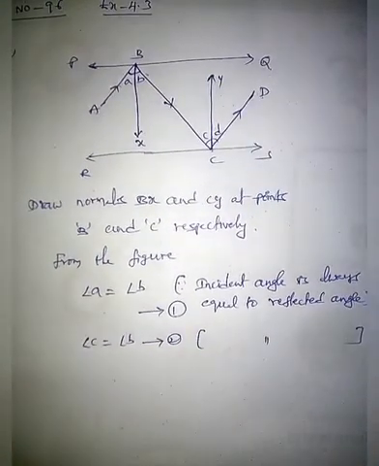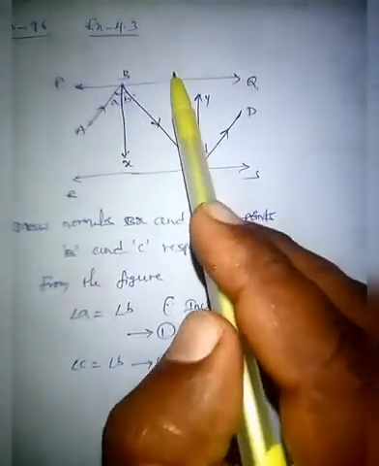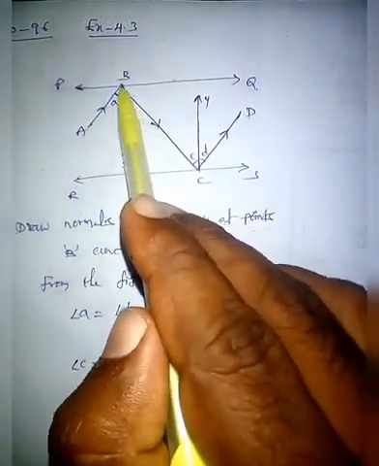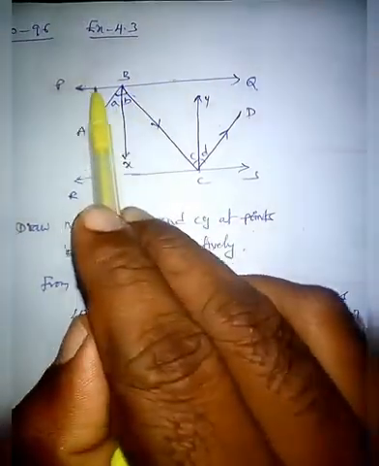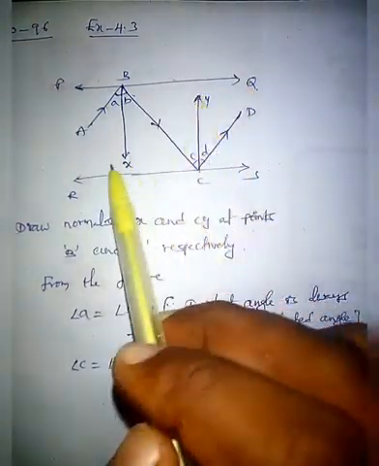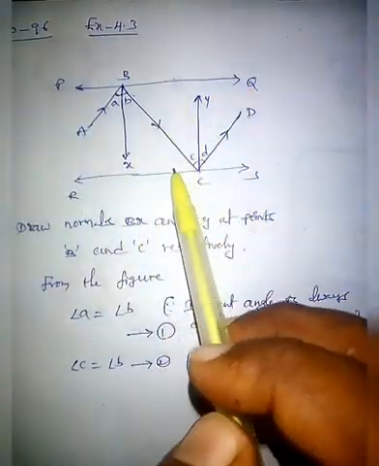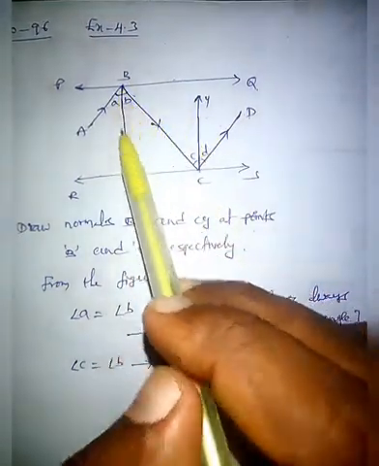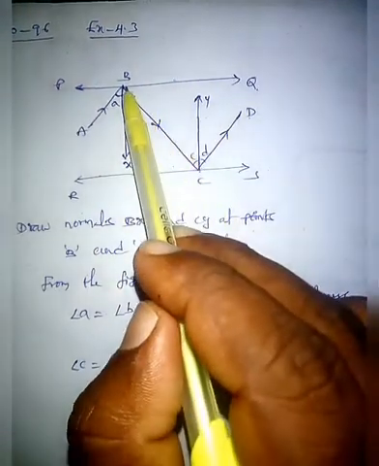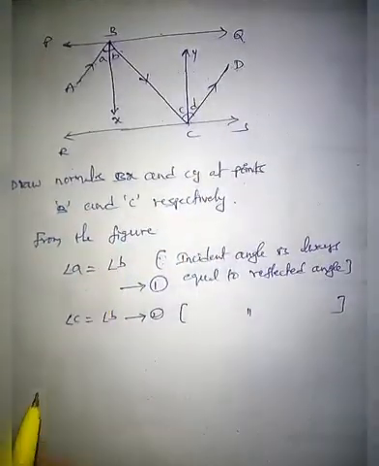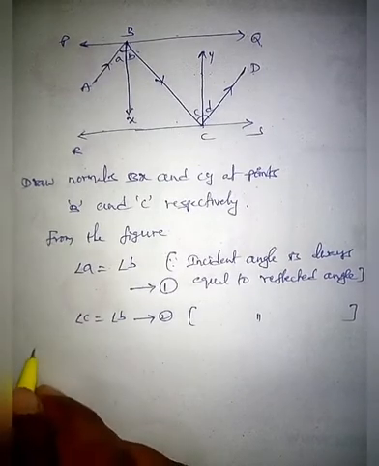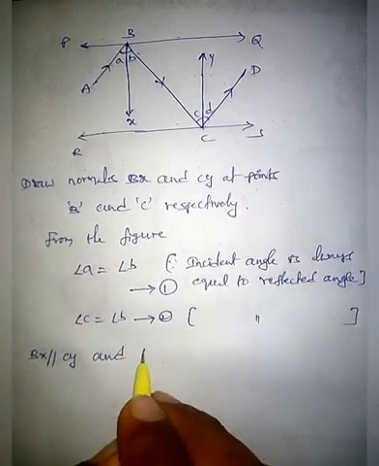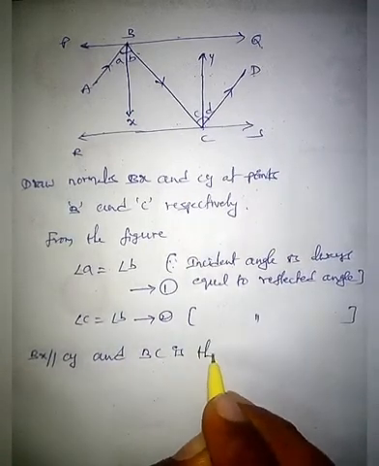Now coming to the next step, these two lines are parallel. BX is normal to the PQ line and CY is normal to the RS line. The perpendiculars of two parallel lines are always parallel. So BX is parallel to CY and BC is the transversal.